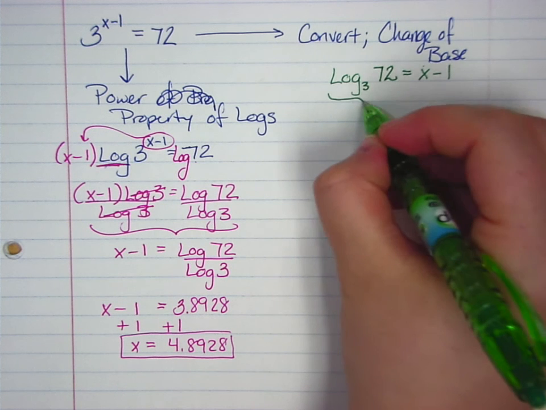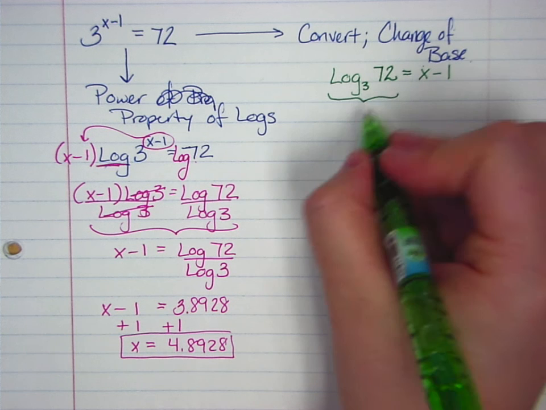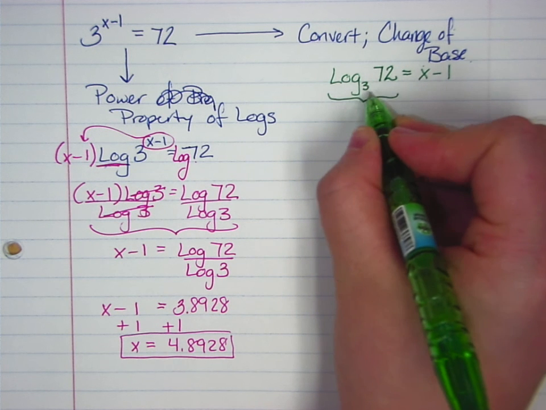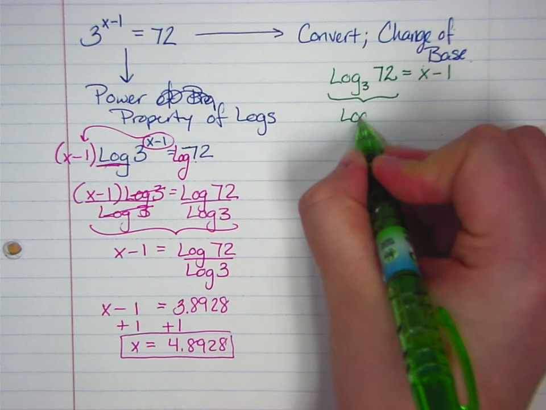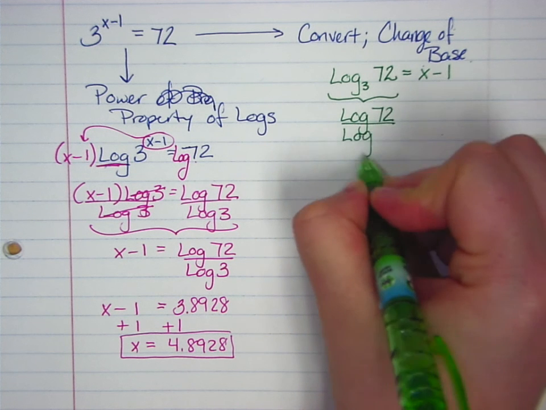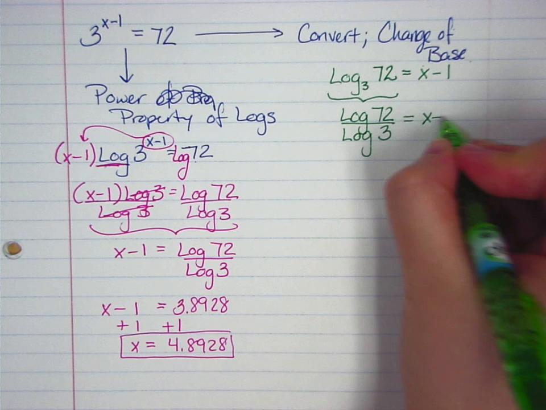We're going to evaluate this log by using the change of base formula. The change of base formula says that for any log with a weird base that isn't base 10, we can take a common log of the argument and divide it by a common log of the base number. That's going to be equal to x minus 1.